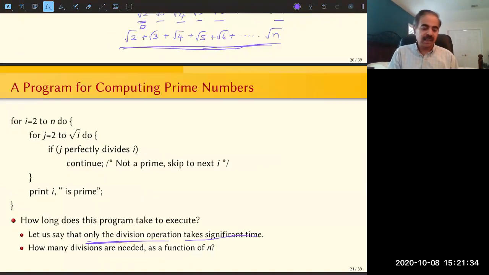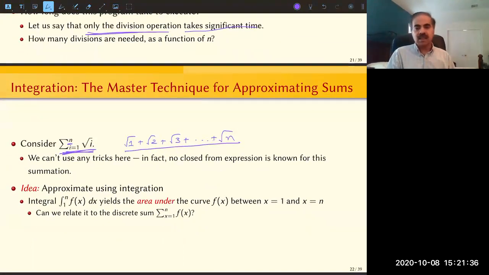So to get the approximate sum is good enough. So we are going to talk about a technique for finding the approximate sums of sequences. And the technique we are going to use is integration from the differential and integral calculus, right?